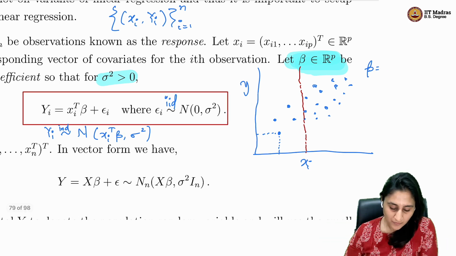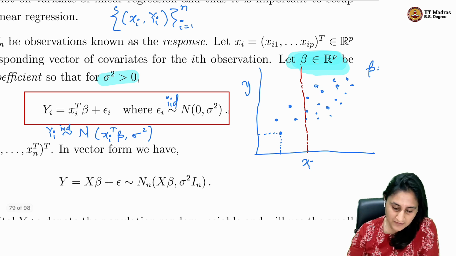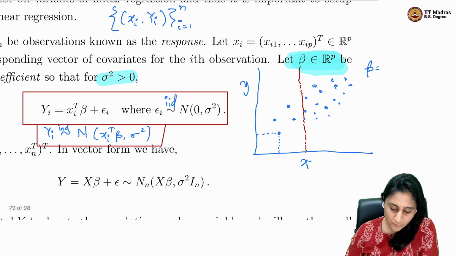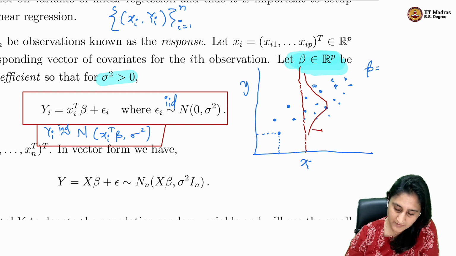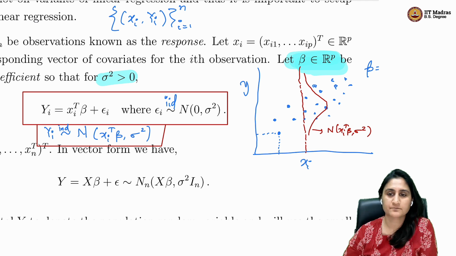Okay. So now, if I look at this modified way of writing the above model, then I know that for each xi observation over here, I basically have a corresponding distribution of y's. This is normal xi transpose beta, sigma squared.